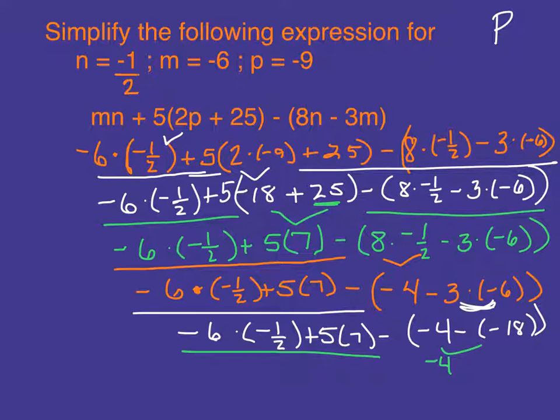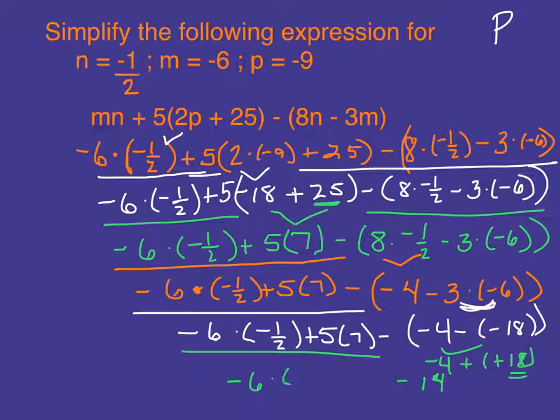So I've got negative 4, stay, change, change, cha-cha-cha. And now the signs are different. Find the difference. So that would be 14. And because this has got the larger absolute value, this is going to be positive. So now I simply need to bring down the rest of this problem.